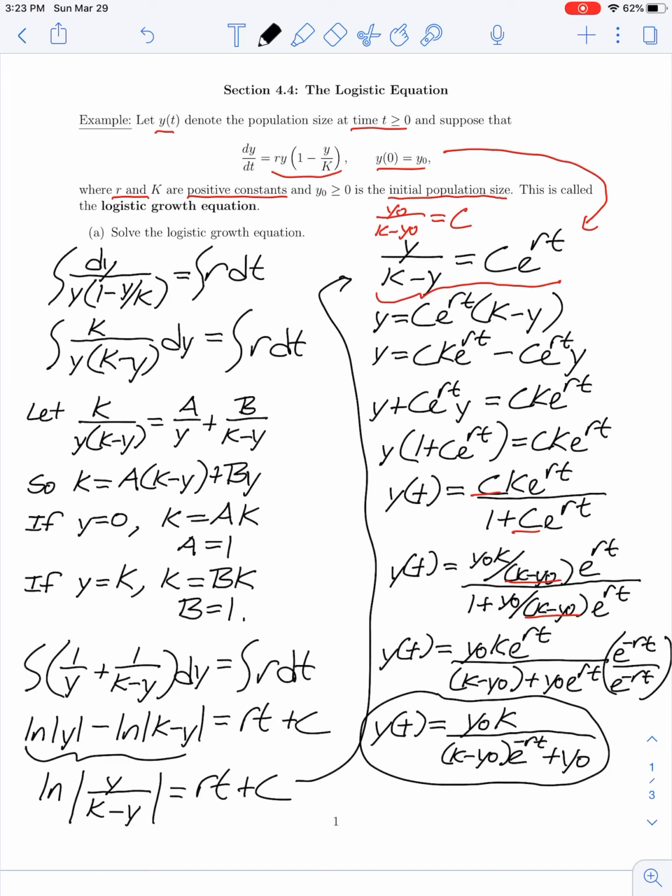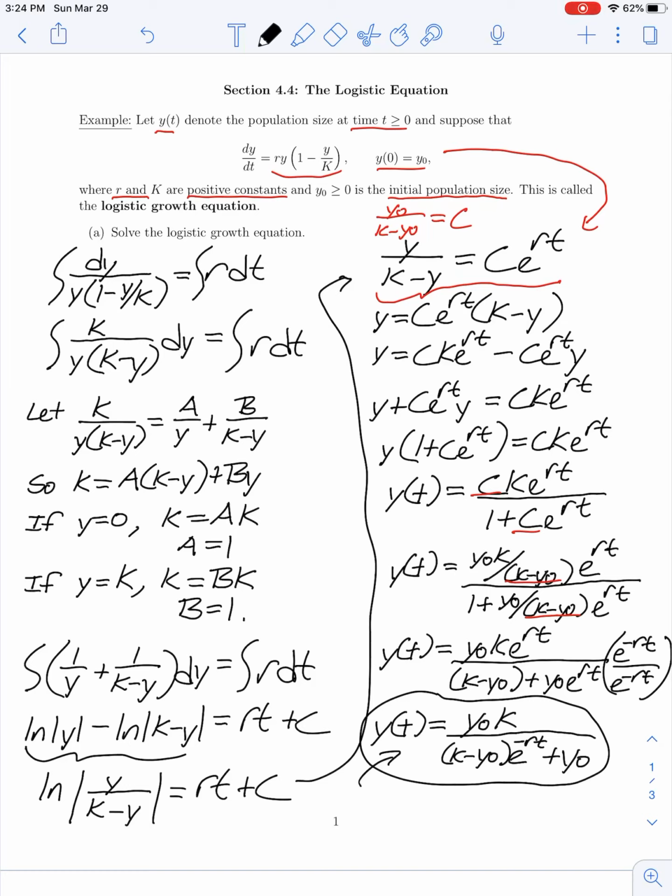But for any problem that we're asked about, if we know the initial population size, this constant k, and our growth rate r, then we now have this equation, and we can substitute those values directly into this equation to find our population size at any given time. We wouldn't want to go through this full solution every time that we're given a new set of values for the initial population or our growth rate.